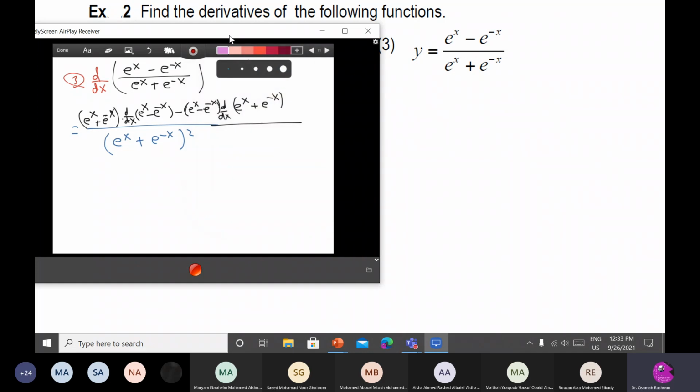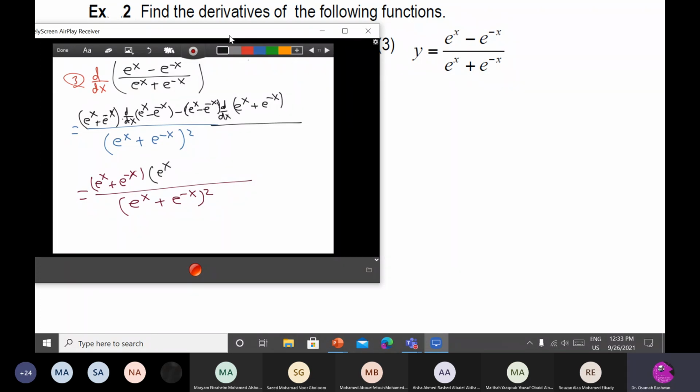Let's have the derivative. So this is e to the x plus e to the minus x squared, keep it. This is e to the x plus e to the minus x. Now, let's have the derivative for this one. What is the derivative of e to the x?